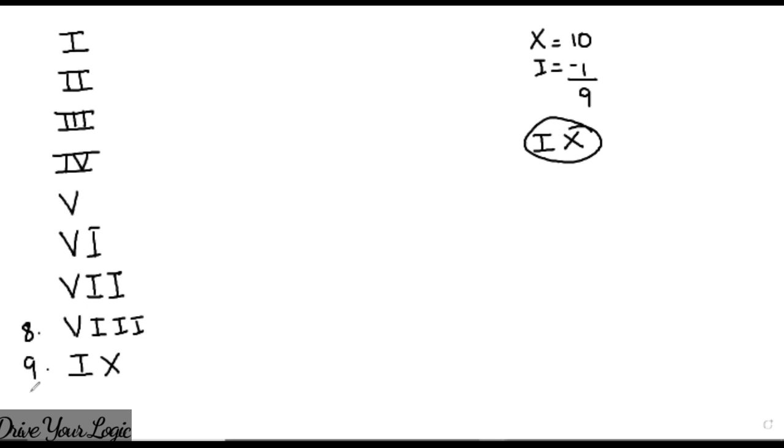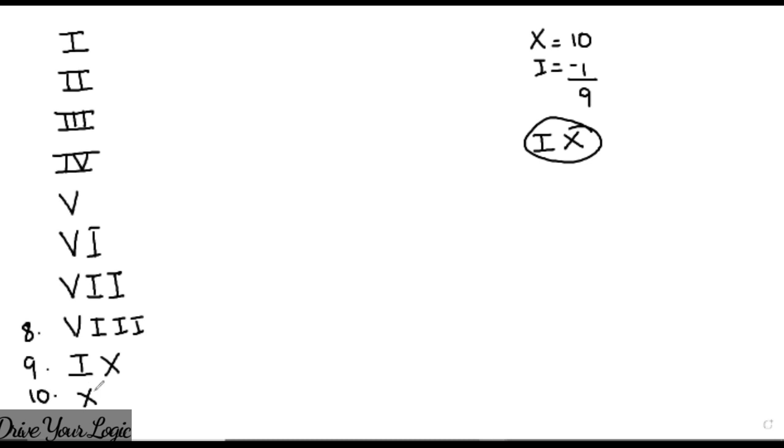But then how to write 9? We know that we cannot write I 4 times. So we will write 1, and then X. X stands for 10, and I stands for 1. So 10 minus 1 is 9. So we have to write the smaller first, then the larger symbol. So this is 9. Clear?